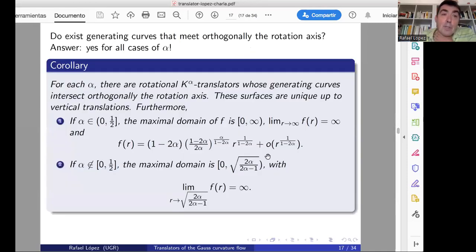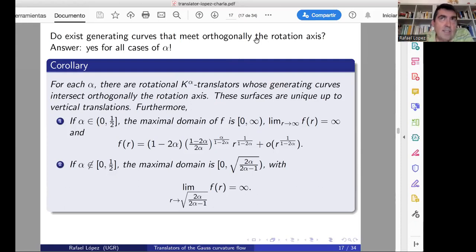One interesting problem is about when the translator intersects the axis and also the intersection is of orthogonal type. For example, if you consider surfaces with constant Gauss curvature, rotational surfaces with constant Gauss curvature, this problem is not trivial.